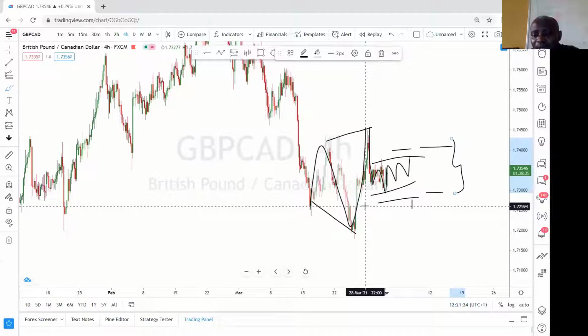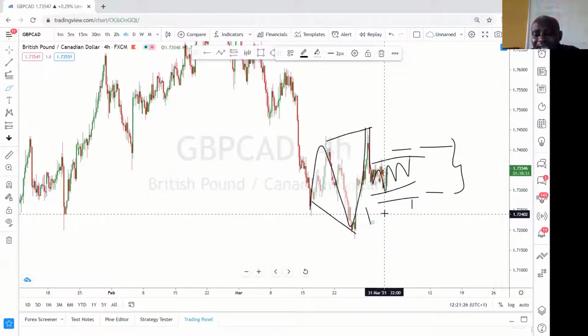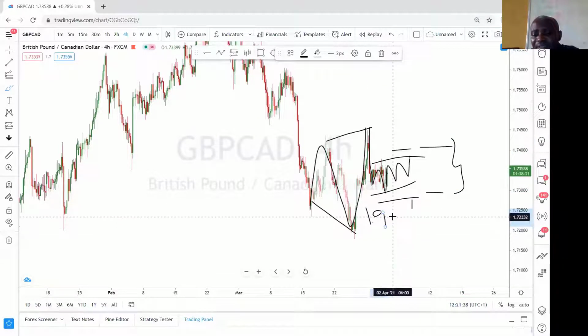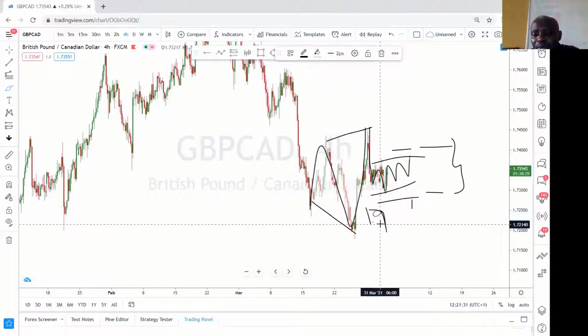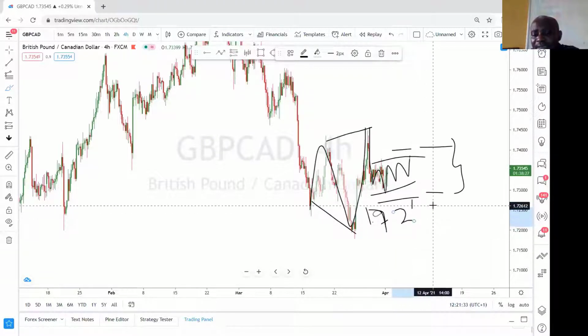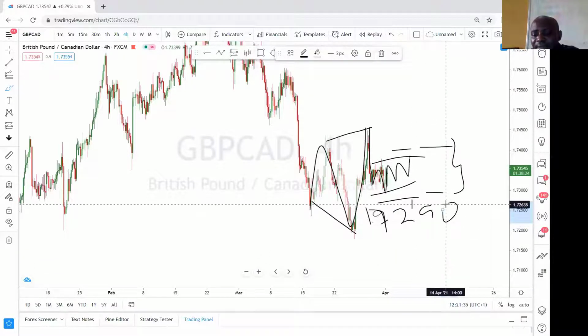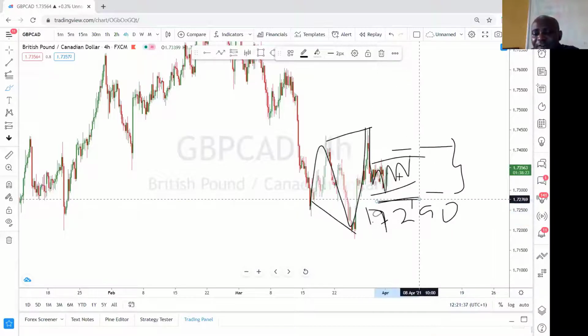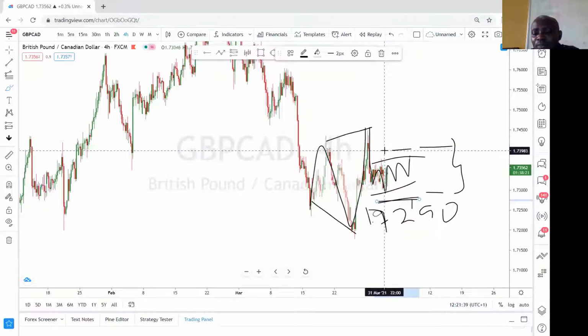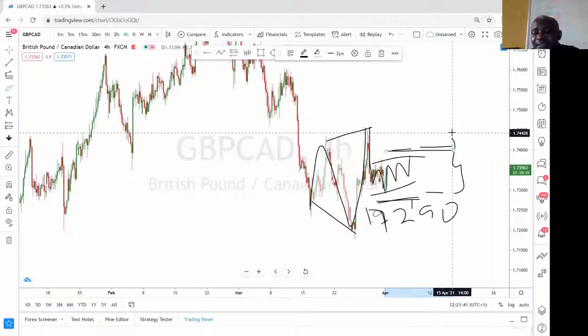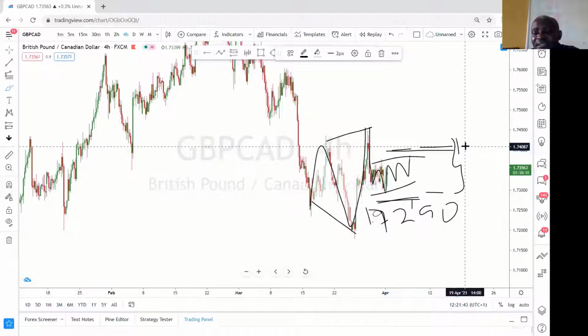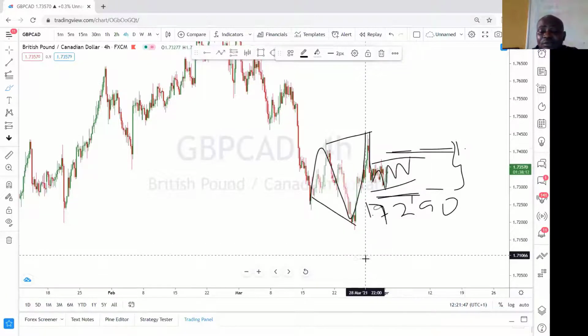I've inputted sell stop at 1.7290. Alright, that's low here. And I'll put my stop loss here at 1.7390. That is 100 pip stop loss. But I'm targeting 1.66.